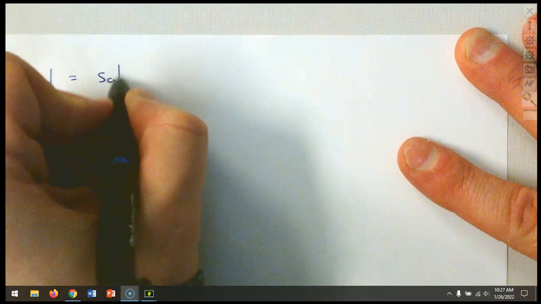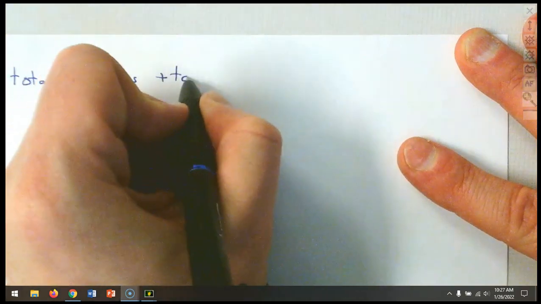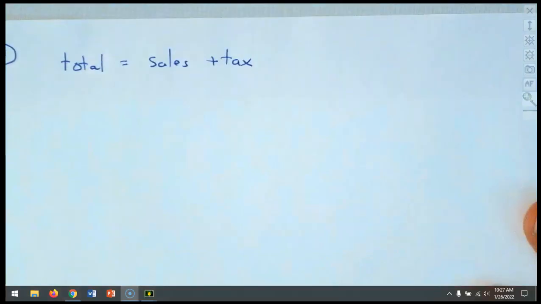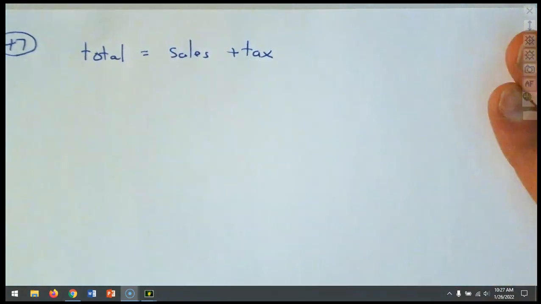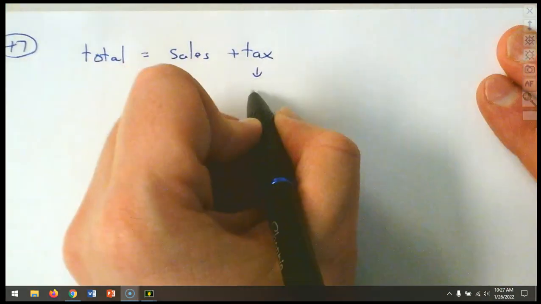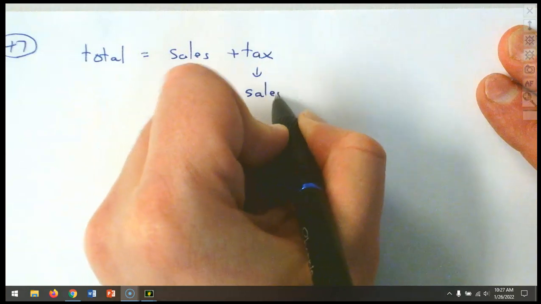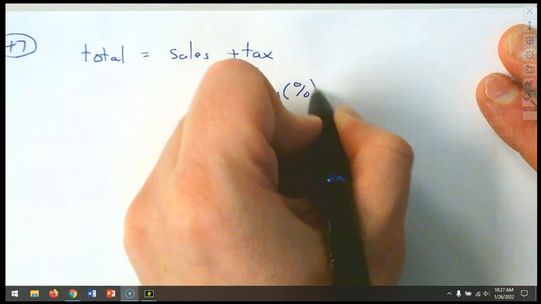So let's think about what we got. We've got a total, and that's going to equal the sales plus the tax. And how do we find the tax again? The tax is the sales times some percentage.